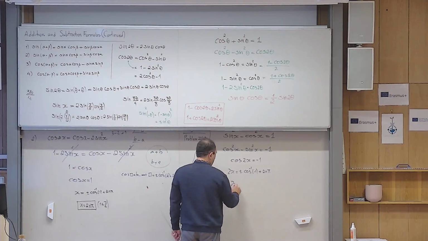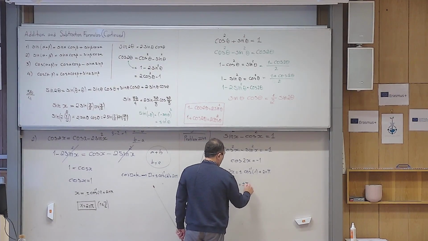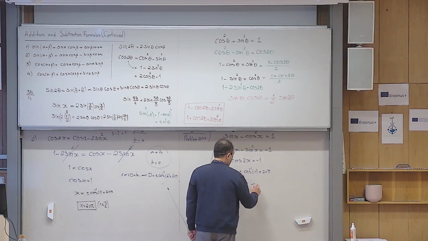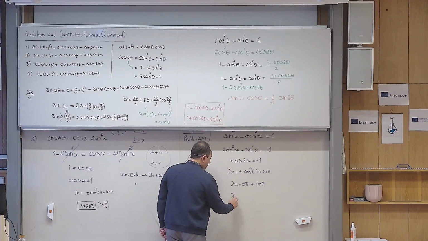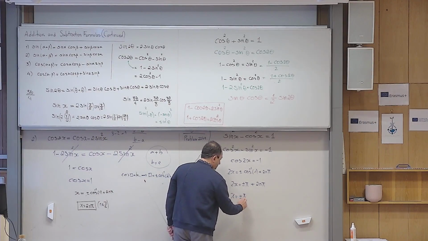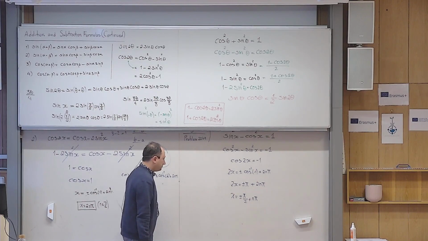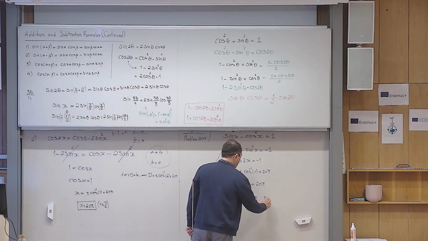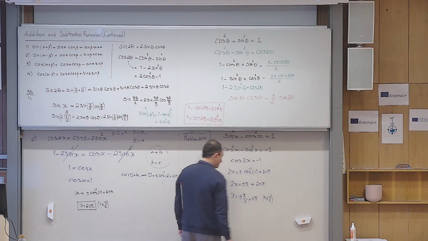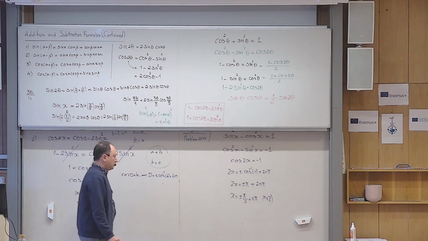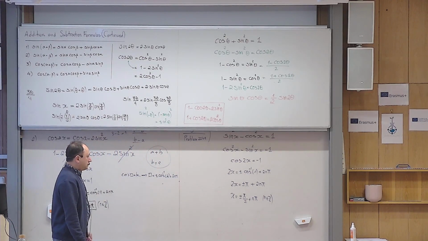So 2x becomes plus or minus pi, and then plus 2n pi. But you are looking for x, so you divide everything by 2. n belongs to Z. Okay. So that's the answer.